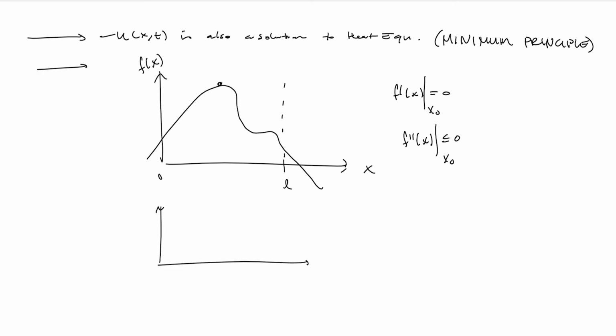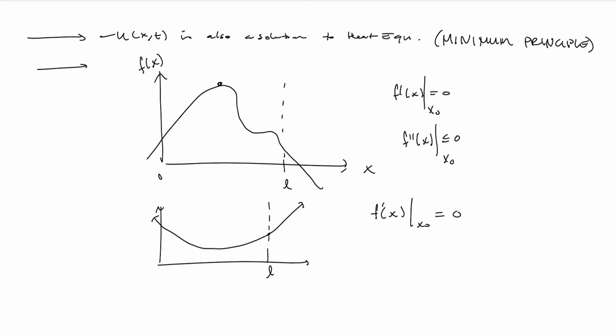But at, loosely speaking, a global maximum, you can have a function like this that at the very edge attains its maximum, right? At the very edge of the boundary, right? Well, it's not necessarily the case that f prime of x there is going to be 0, right? Clearly, this function has a non-zero derivative here, right?